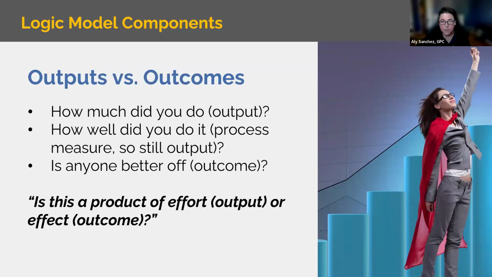Next are going to typically be your outputs and outcomes. If you joined us last time, we covered these in a fair amount of depth for that training, and you can view the recording as well as some materials there. As a refresher, though, outputs are products of the effort. If we do these activities, we should expect these things to be produced.